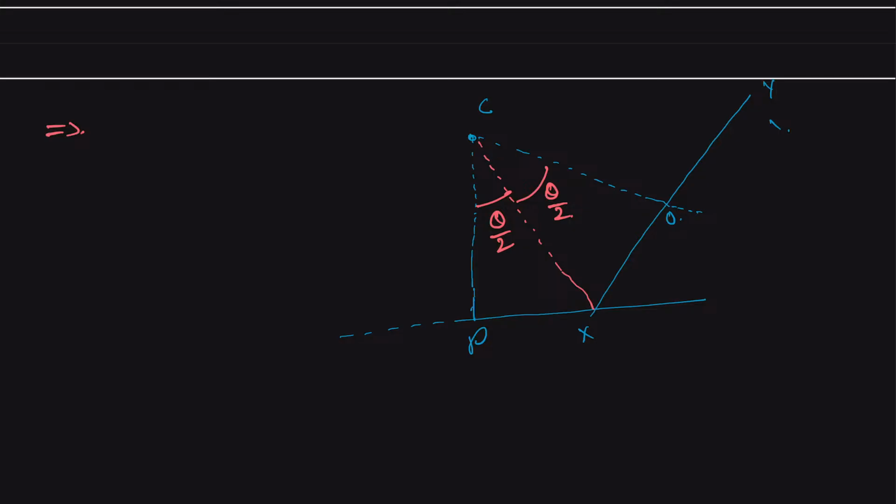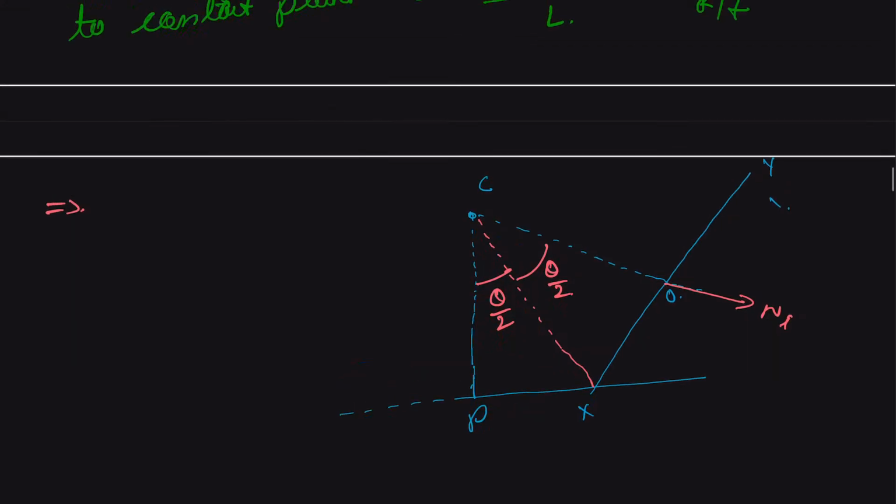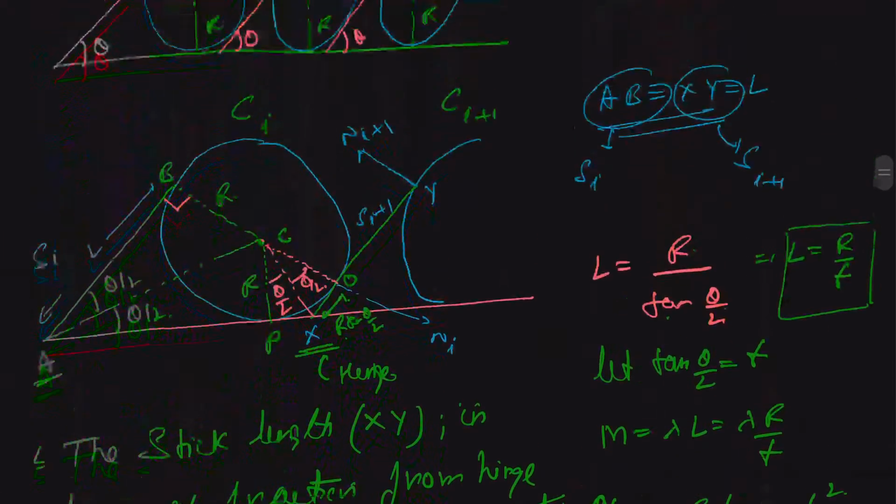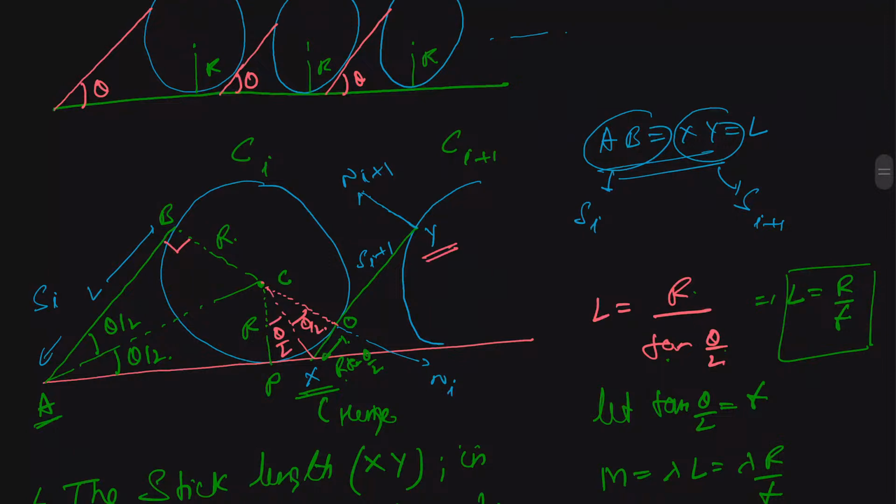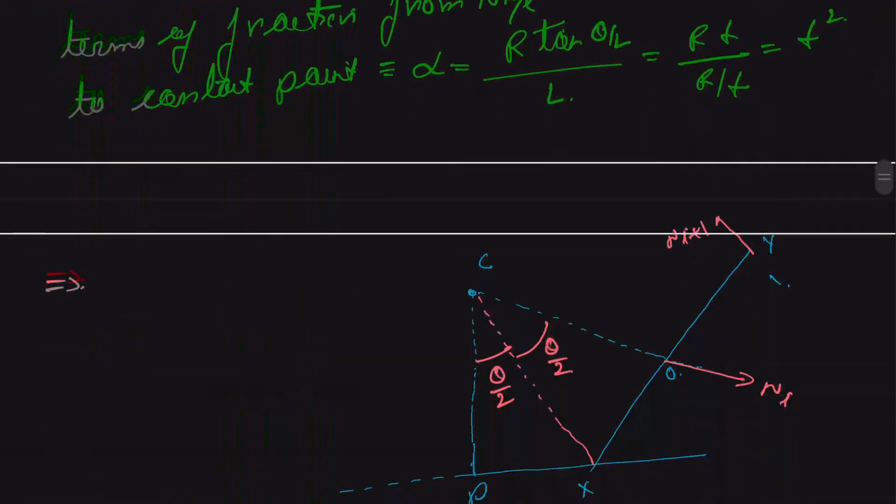The normal at this position we called N of I, and there was another normal at Y which we called N of I plus 1, because of the second circle. This was the normal because of the circle C I plus 1.